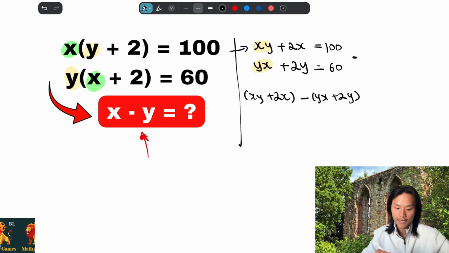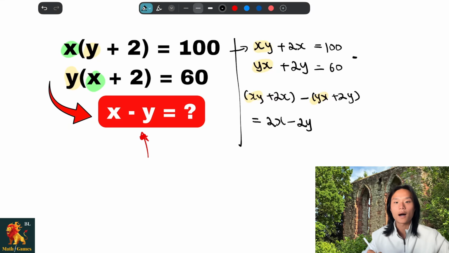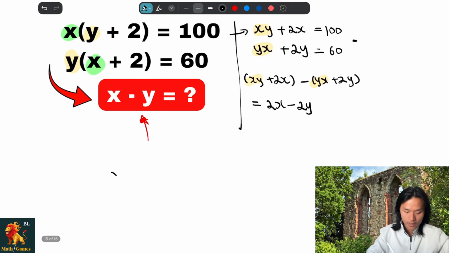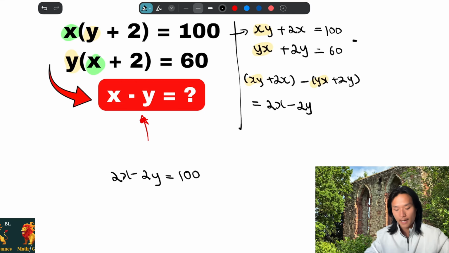Well, the xy's cancel out, so we are left with 2x minus 2y. So 2x minus 2y is equal to 100 minus 60. So 100 minus 60, that is 40.